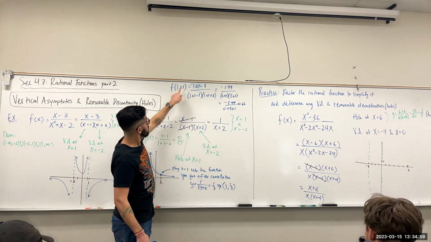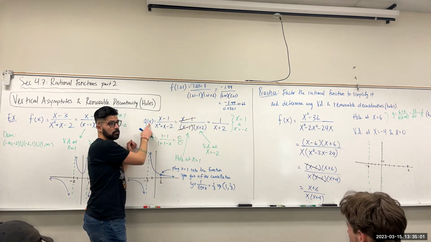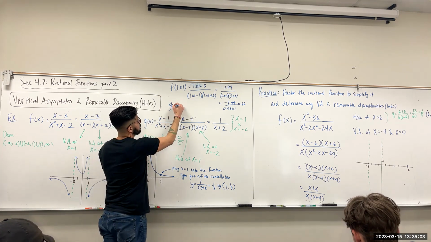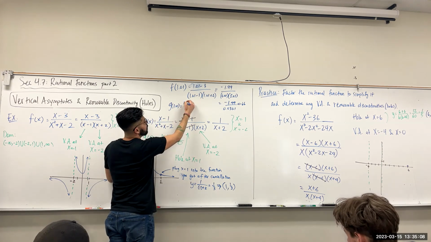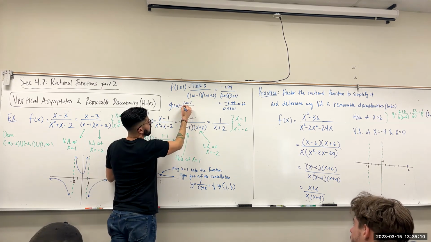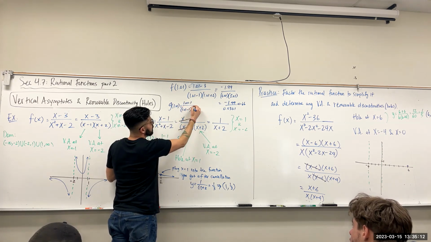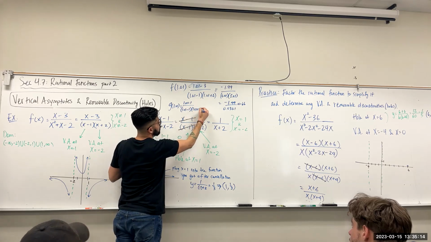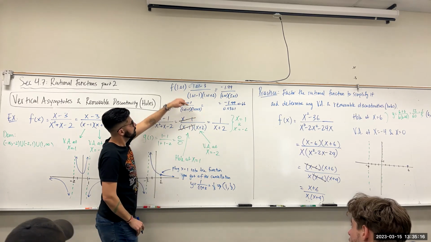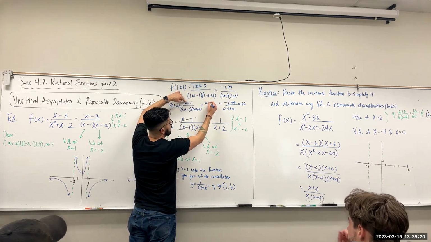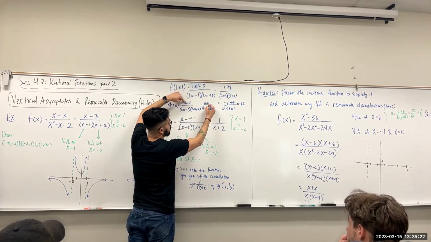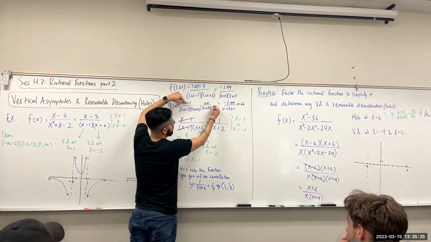Versus if I plugged in the same number here, I'm running out of board space, I apologize. I'm going to do 1.01 minus 1 over 1.01 minus 1, times 1.01 plus 2. But notice what happens with this number. You're going to get just 0.01 over 0.01 times 2.01.